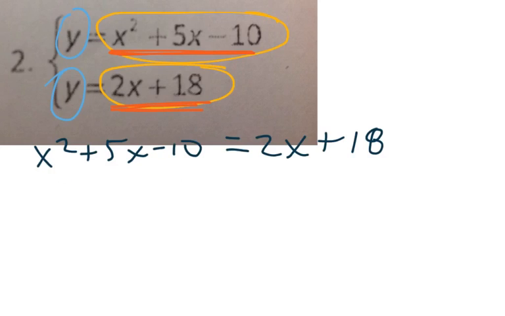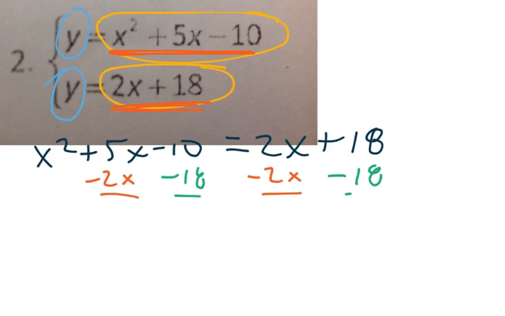So, remember, to solve a quadratic, it has to equal 0. So the first thing I'm going to do is minus 2x both sides. And if you permit me, I'm going to do 2 steps in one. I'm also going to minus 18 both sides to speed things up just a little bit. Let's see what we have now.